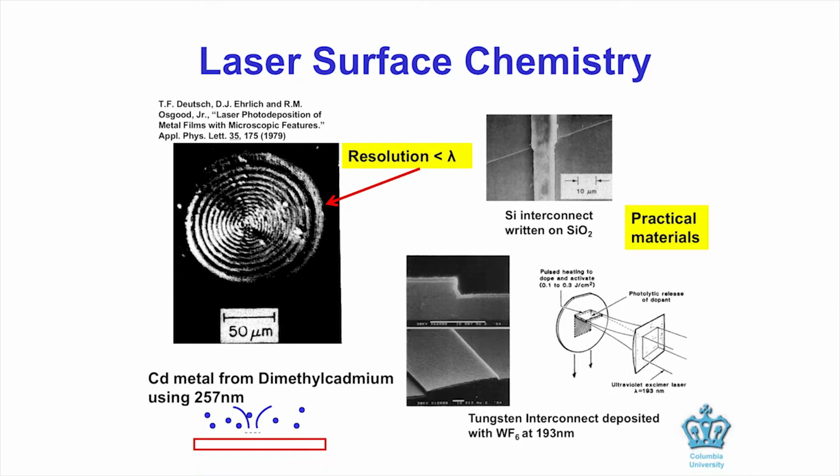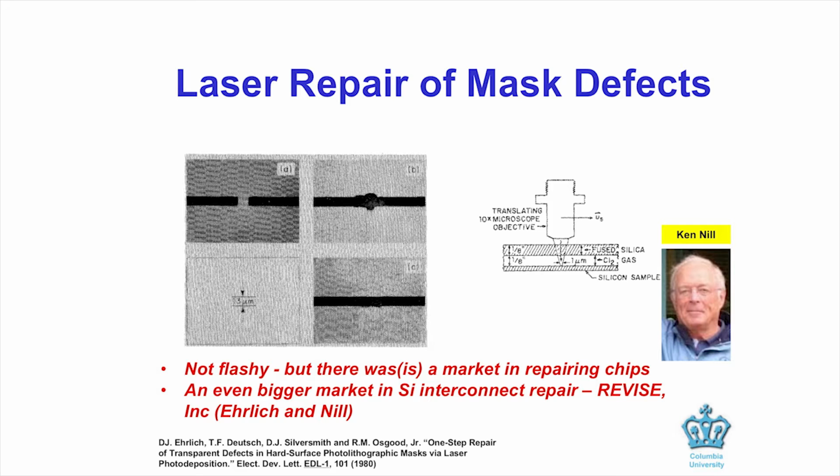Up here, a student that we had, Dan Ehrlich, and also a student here, Vic Trace, who's the lawyer now, actually wrote down a beautiful silicon interconnect on that. So this is something that starts to look pretty practical, because tungsten was used for solar cells and silicon interconnects were a common technique for integrated circuits. So they were practical materials.